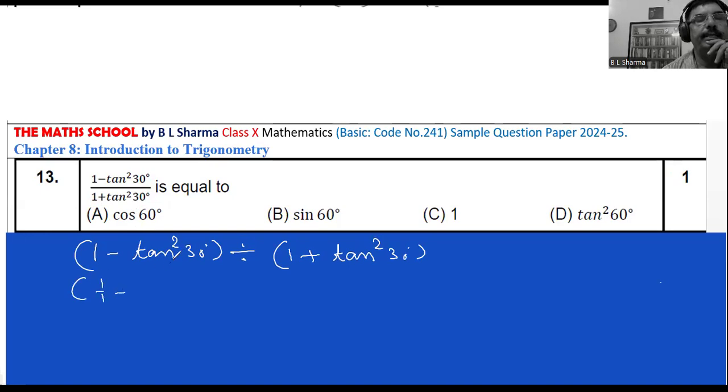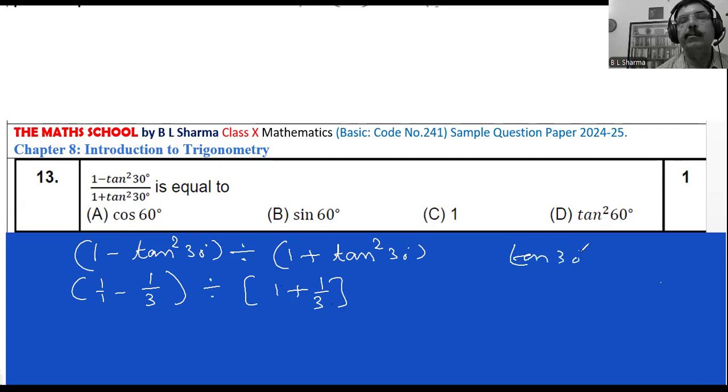The value of tan 30 is 1 upon root 3. So its square will be 1 by 3.